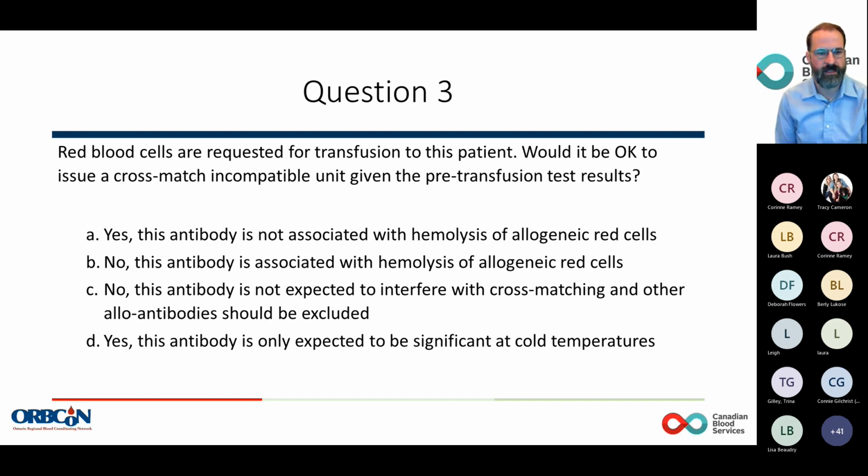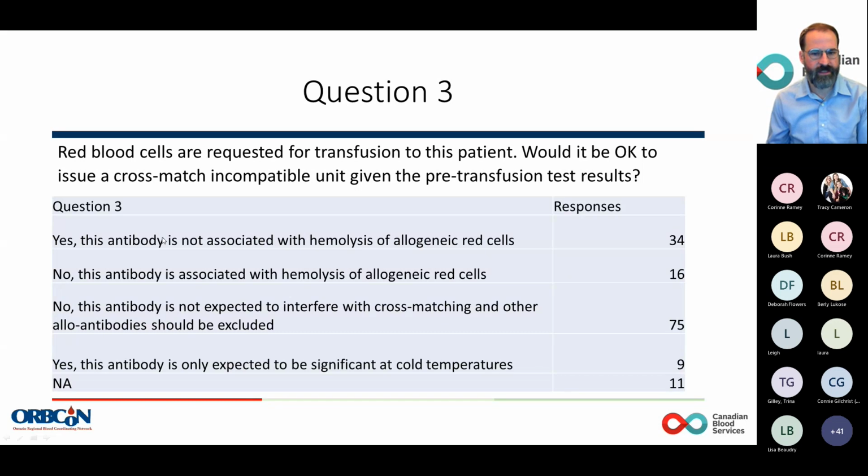Option A is yes, we can issue the unit because this antibody is not associated with hemolysis of allogeneic red cells. B, no, this antibody is associated with hemolysis of allogeneic red cells. C, this antibody is not expected to interfere with cross-matching and other alloantibodies should be excluded. Or D, this antibody is only expected to be significant at cold temperatures.